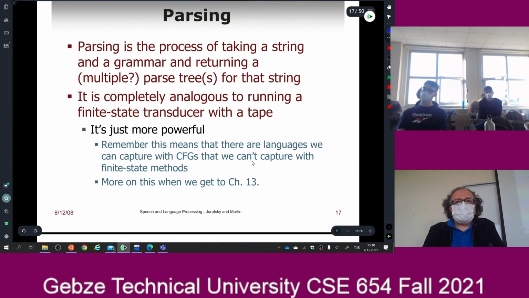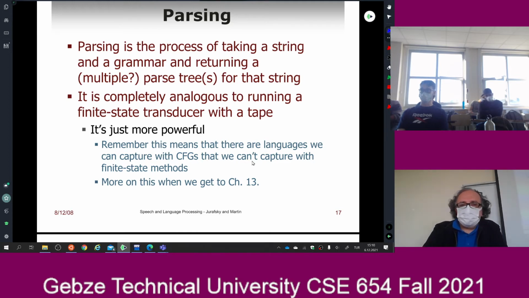Parsing is the process of assigning one or more parse trees for a given string. It is very similar to running a finite state transducer with a tape, but it's more powerful because there are some things that the finite state transducer cannot do.